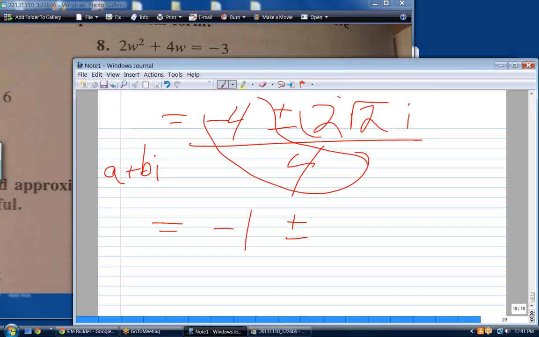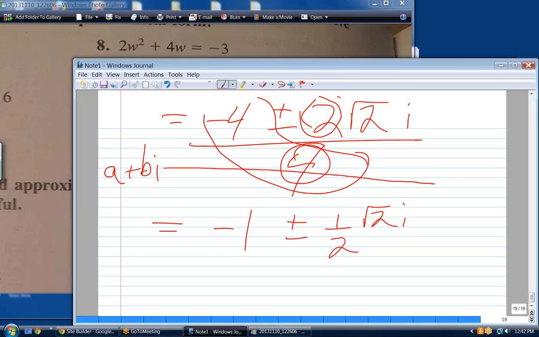What are you going to do with this 2 here and this 4 here? Are you just going to make that into a fraction of 1/2? In other words, you left out the 2 on the denominator when you gave it to me the first time. Okay? The 2/4 becomes 1/2.